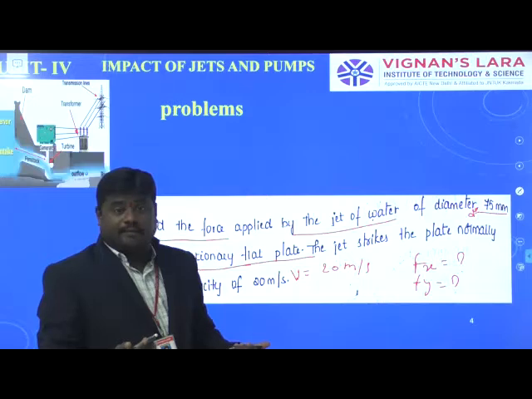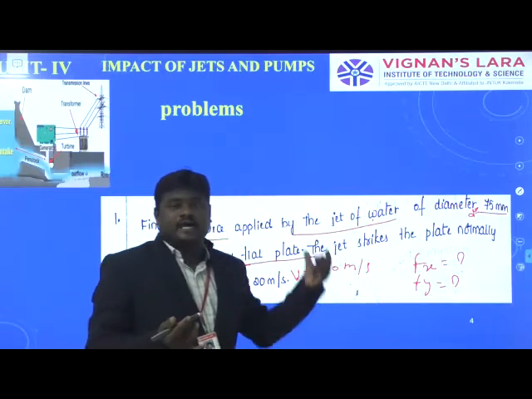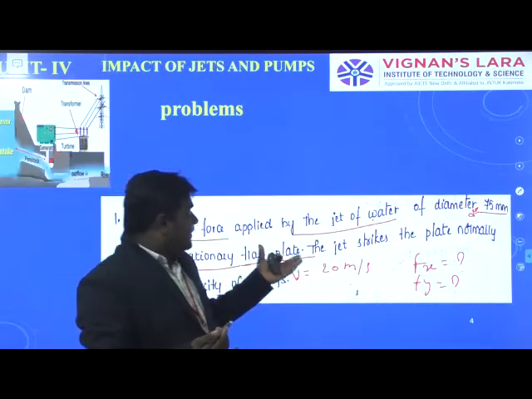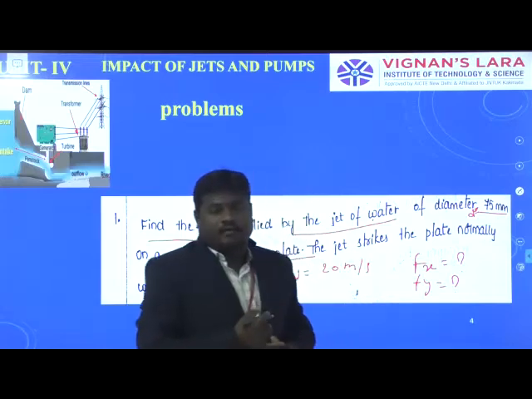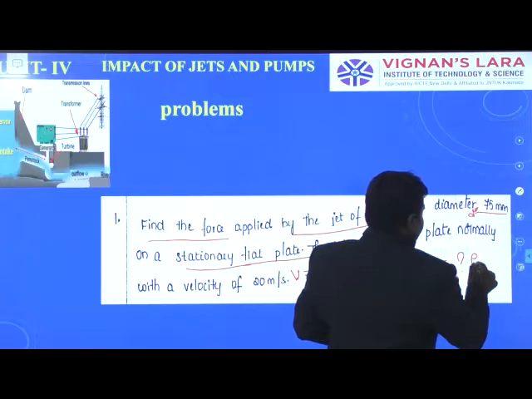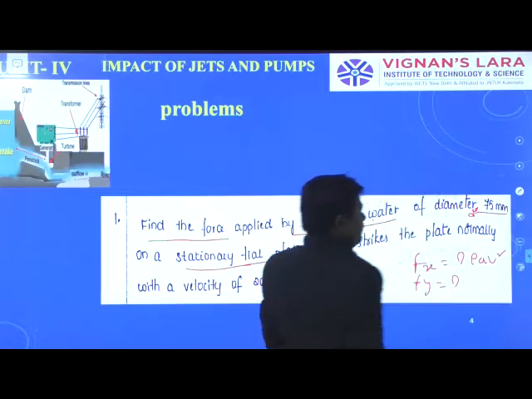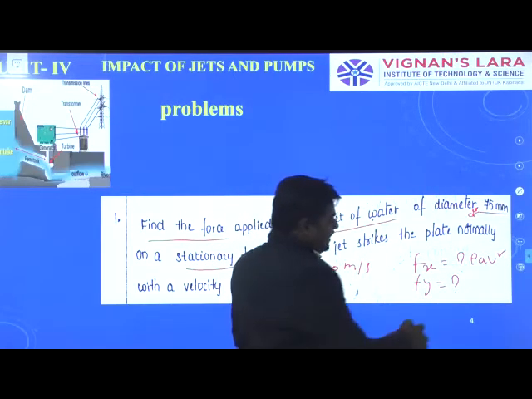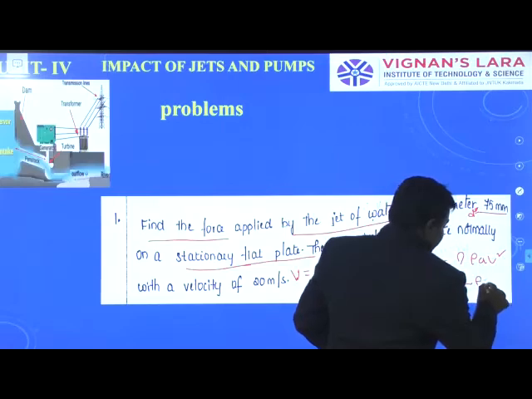We know the formulas because we covered them in the previous class: Fx equal to rho a v square, and Fy equal to minus rho a v square.